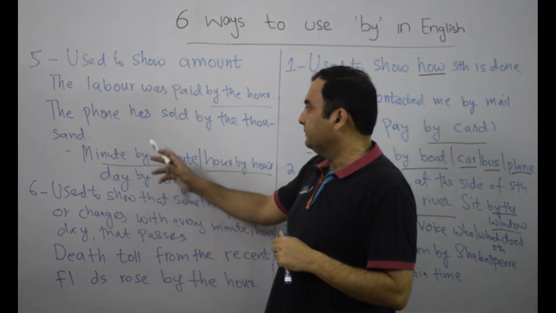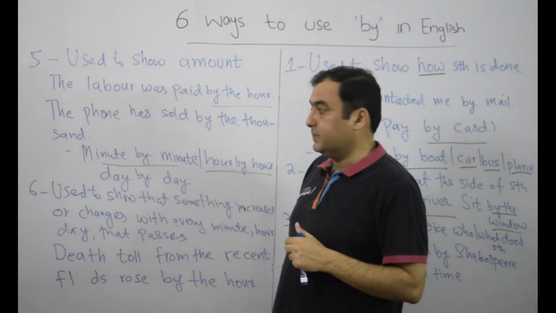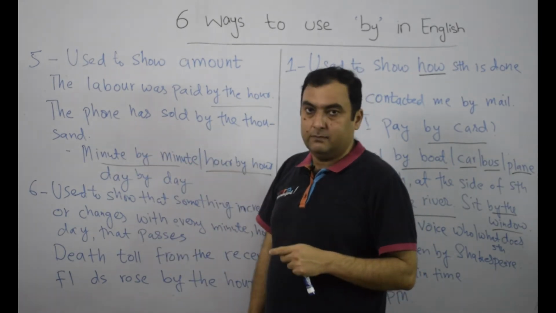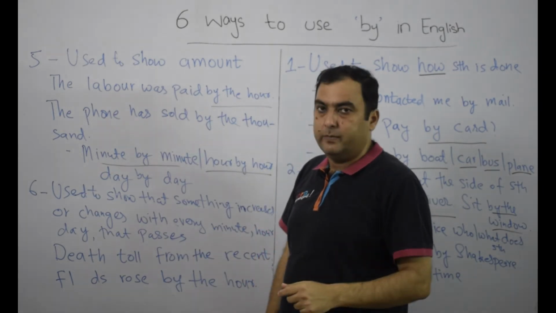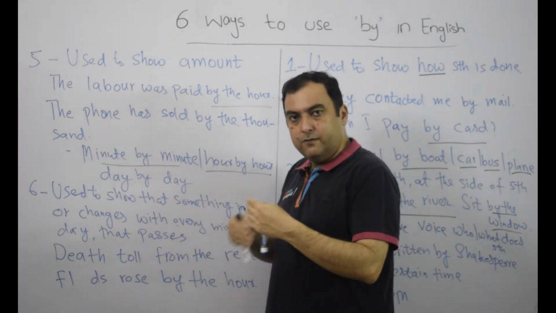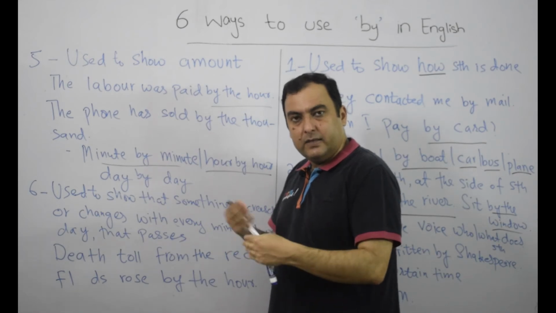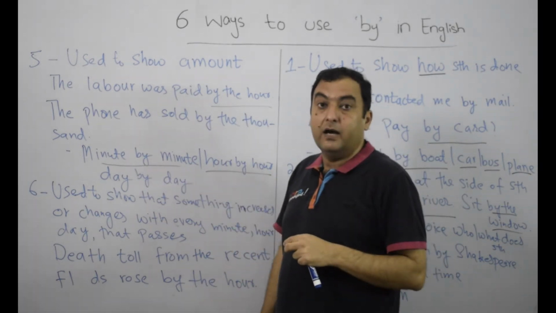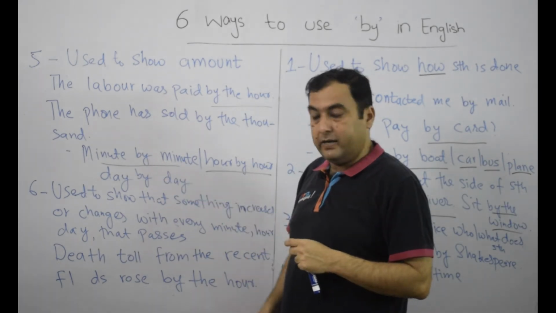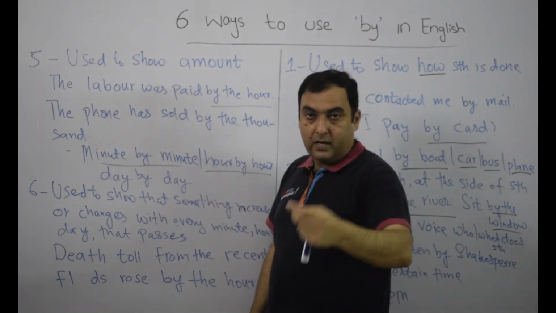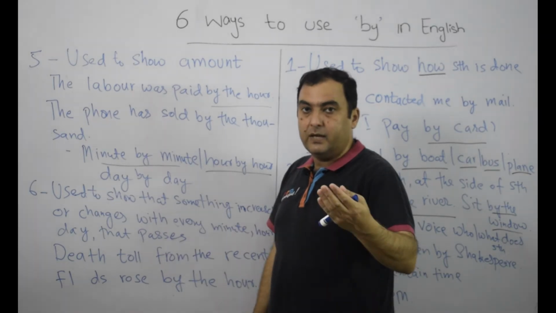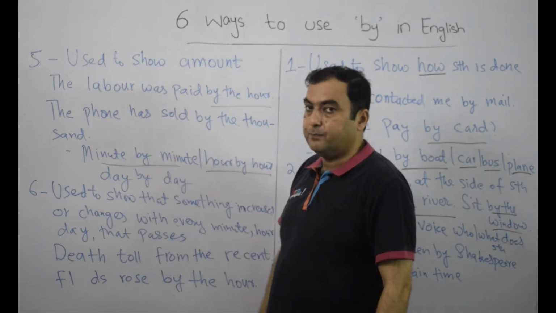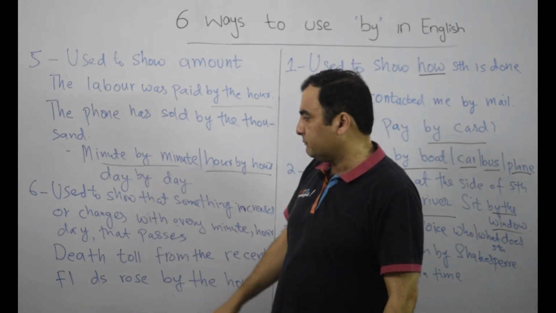Another example sentence here is, the phone has sold by the 1,000, like the phone is selling and that amount is in thousands. We also say minute by minute, hour by hour, day by day, week by week. And here by shows amount.